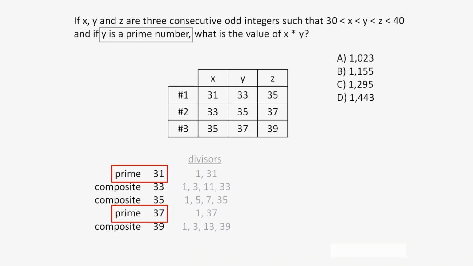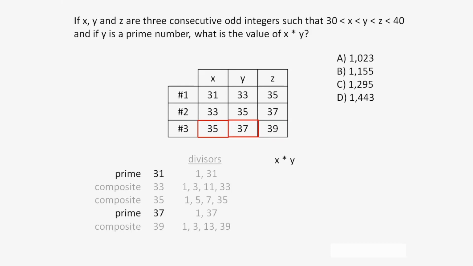Looking at our possible values for y, variable y is either 33, 35, or 37. From inspection, 37 is the only prime number of those three choices. This means the third set of numbers for x, y, and z are the only three numbers that meet the requirements of the problem statement.